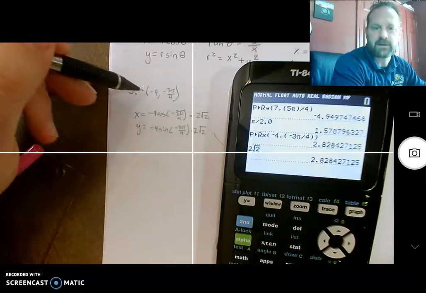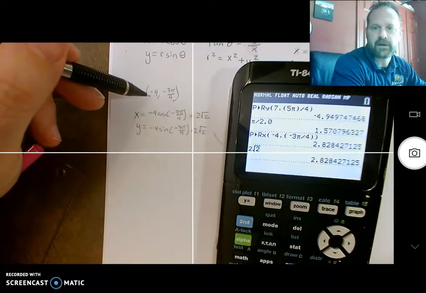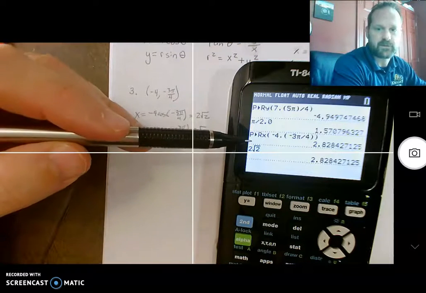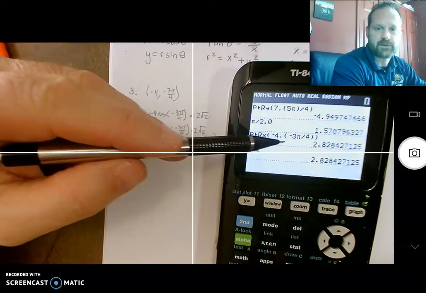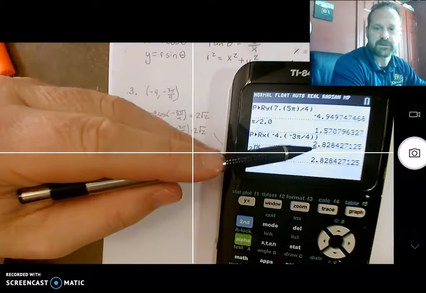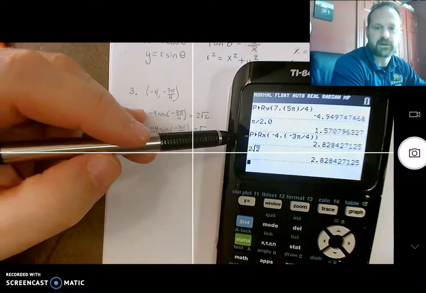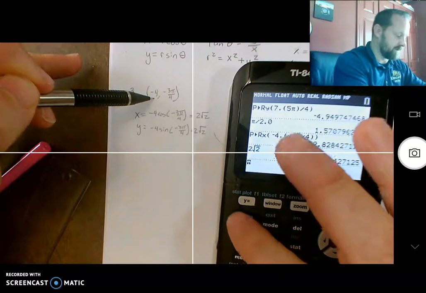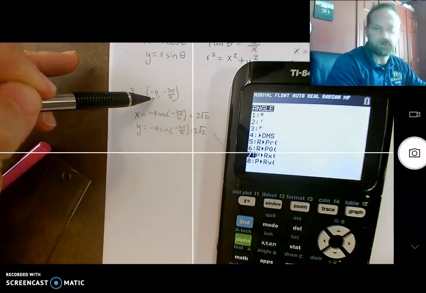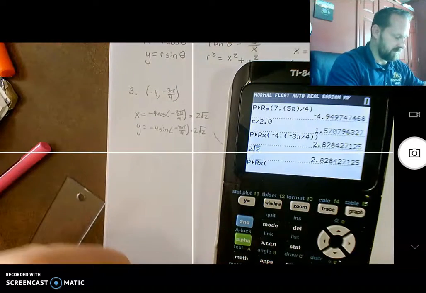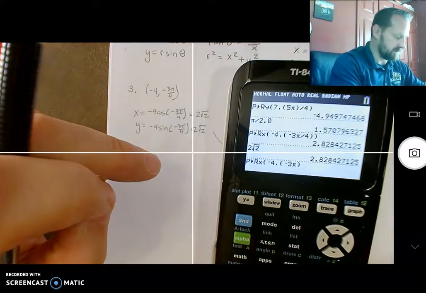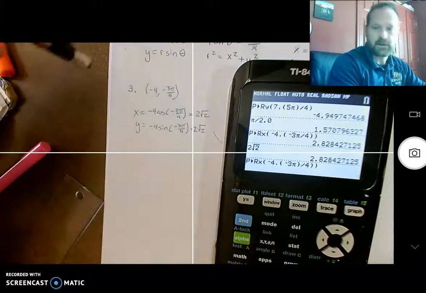So 7 asks, use your graphing calculator and use the rectangular conversion. It's under angle. First off, I want to show you that if I do this, it becomes 2.828, which is the same as 2 radical 2. Let me show the steps again. Hit second angle. I want to scroll down to polar to rectangle x, and then -4. Use your comma key. I like to make sure I always use parentheses. Then hit enter.